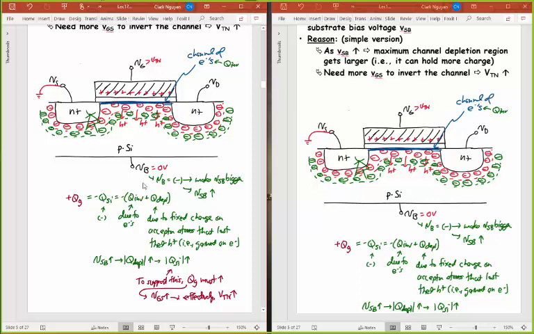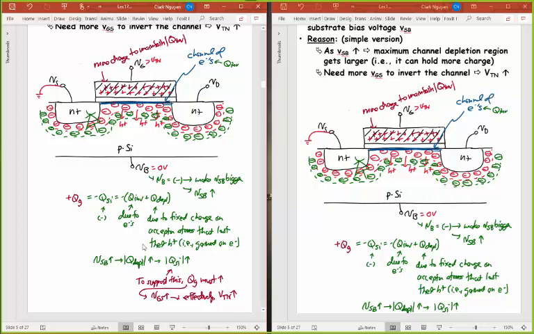That's telling me that if I reduce VB here, which increases VSB, then I have to conversely increase VG. I have to put more charge on the gate, which I'm showing right here, in order to get the same amount of inversion charge, the magnitude of QInv, right?